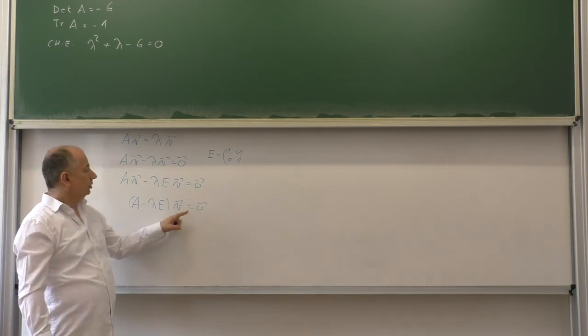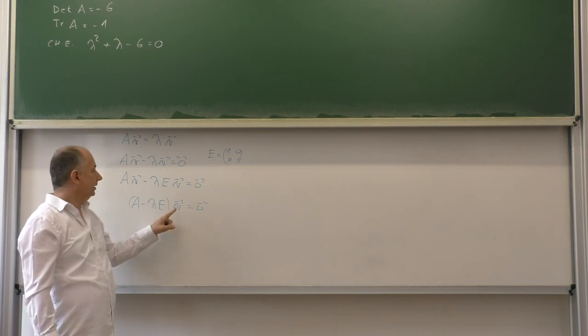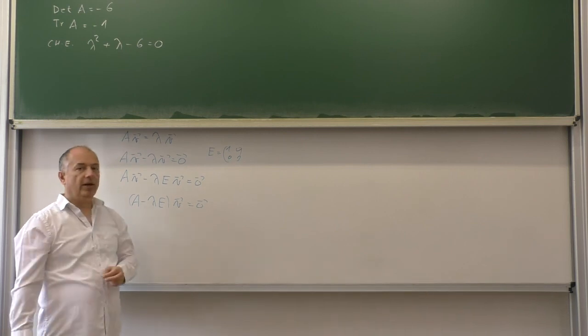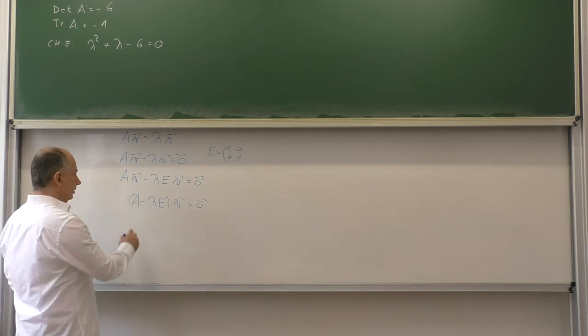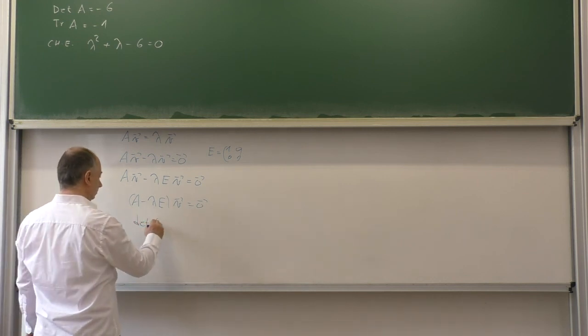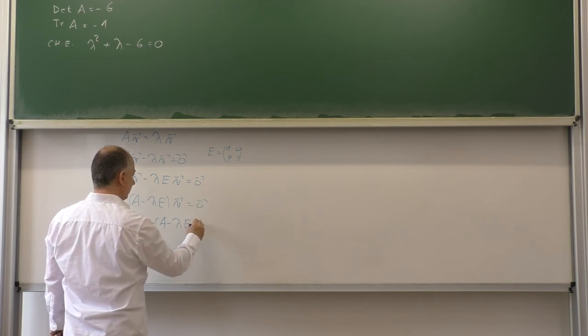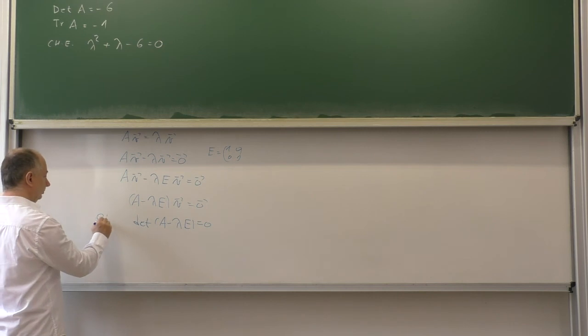This is always true when V is 0, but we are interested in some non-zero vector. And then this system has a non-zero solution if and only if the determinant of this matrix is equal to 0. Determinant of A minus lambda E is 0.